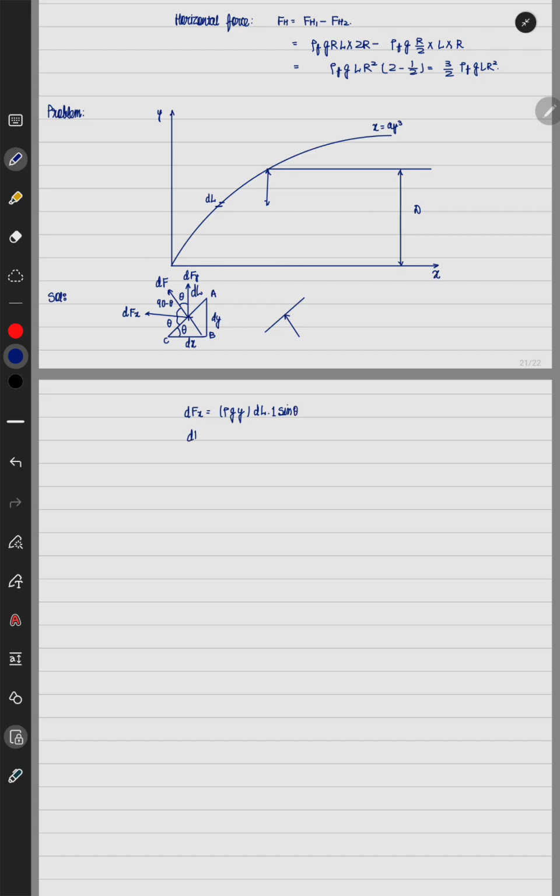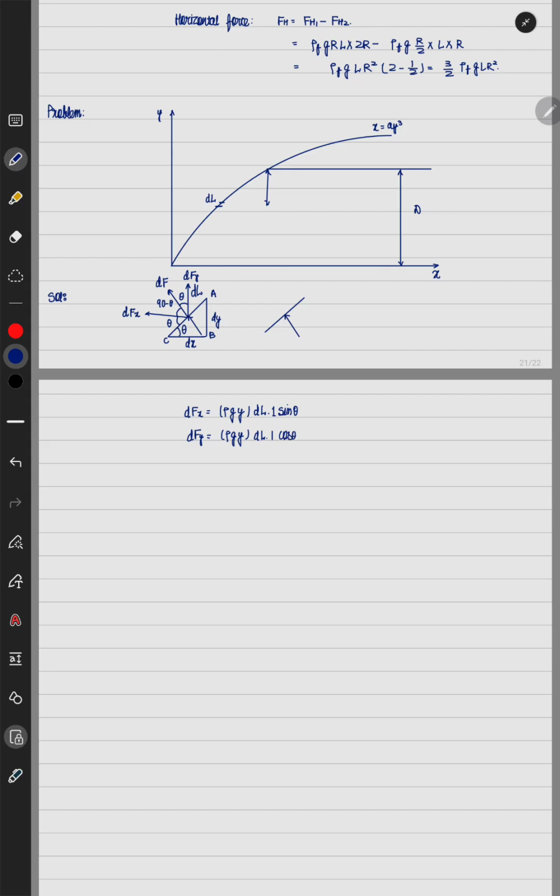So what is the force in the y direction? dFy is given by the same element at a depth of y. So the pressure at the point y is rho into g into y into dl into 1. This is the total amount of force, and its component in the y direction is given by cos theta.